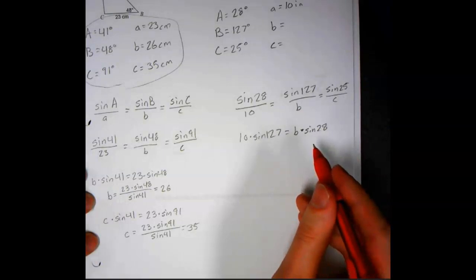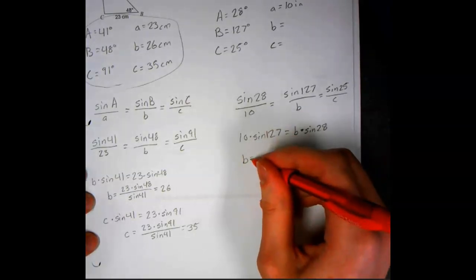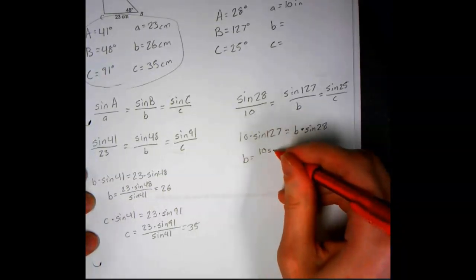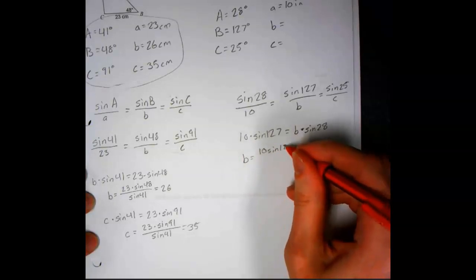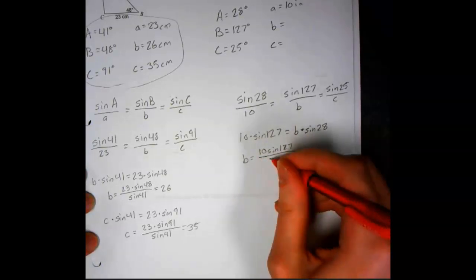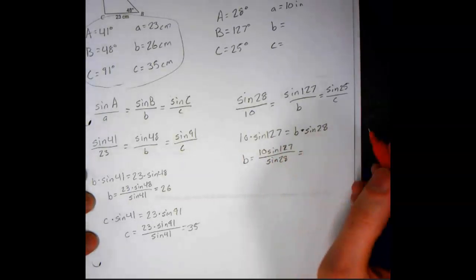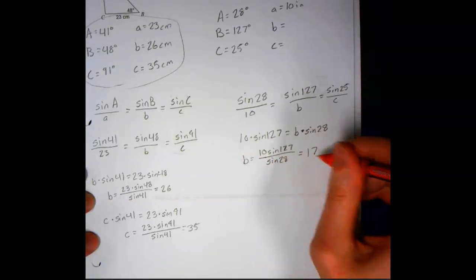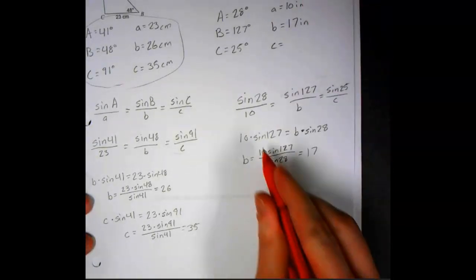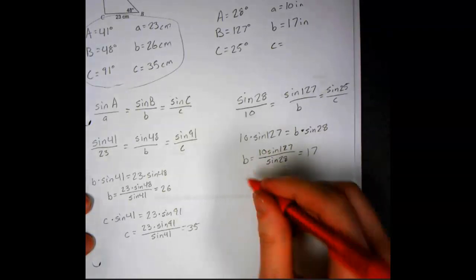Divide both sides by that sine 28. B equals 10 sine 127 over sine 28. When we put that into the calculator, that'll equal 17. We're just about 17.